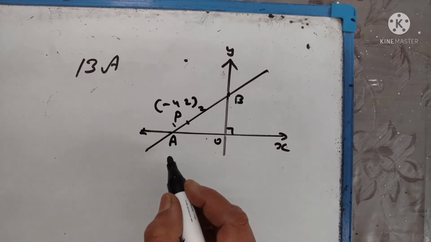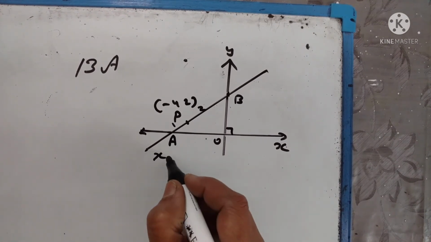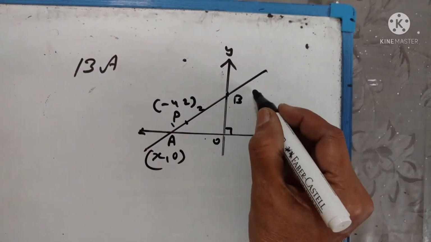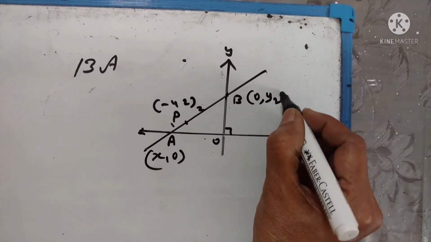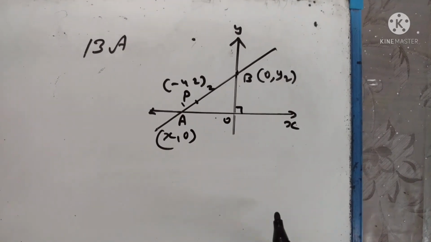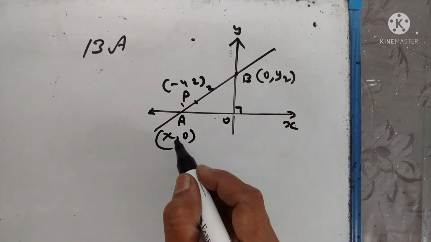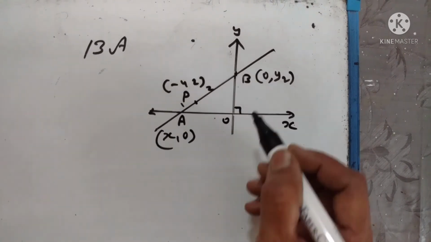Here y is equal to 0, so this is (x1, 0). Here x is equal to 0, so (0, y2). If it is (x1, y1) and (x2, y2), here y is equal to 0 and here x is equal to 0.